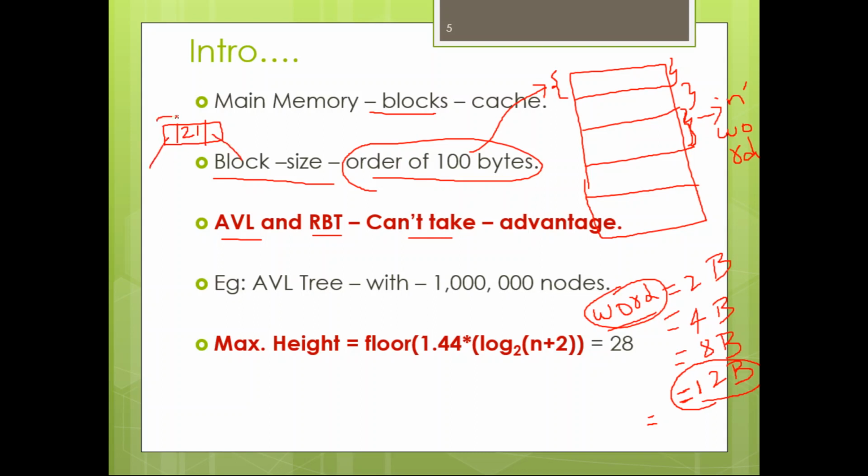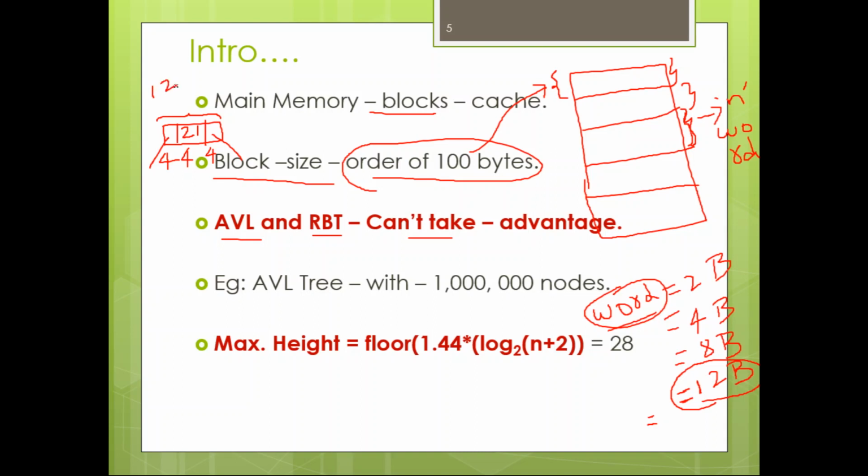So to store this one key and two pointers, hardly how many bytes may you need? In C, each of these may take 4 bytes, right? Each pointer may take 4 bytes. So it is 4 plus 4 plus 4, only 12 bytes. You need only 12 bytes.